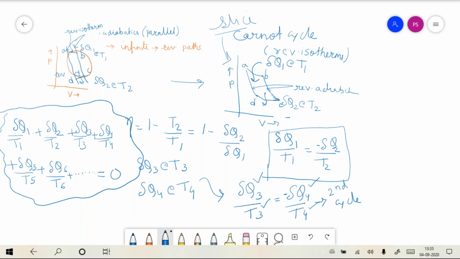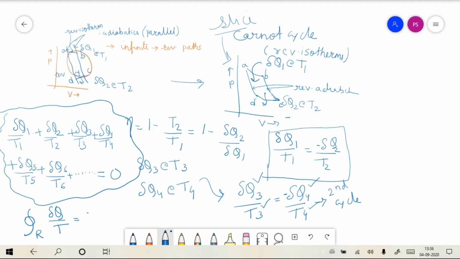This is nothing but the integral over a thermodynamic reversible cycle of del Q upon T, which is equal to 0.